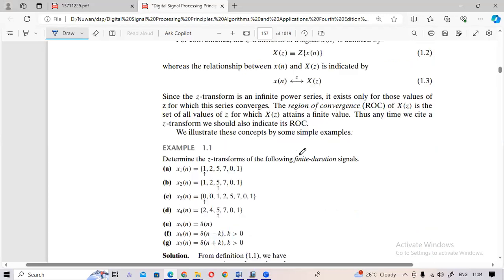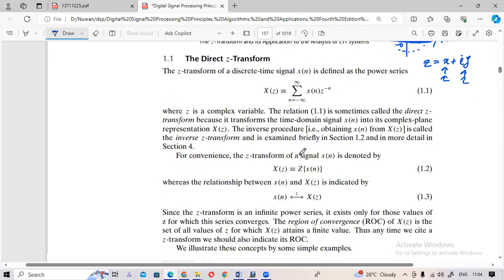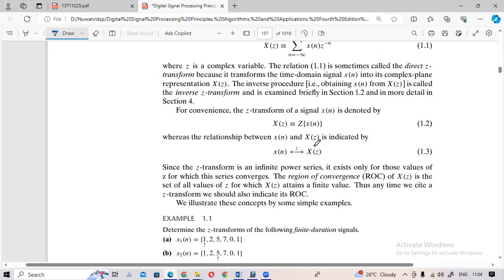When we find this X(z), the transformed signal, for some Z values X(z) has a finite value, and for some Z values X(z) will have an infinite value. Finite value means including 0; 0 is also a finite value.